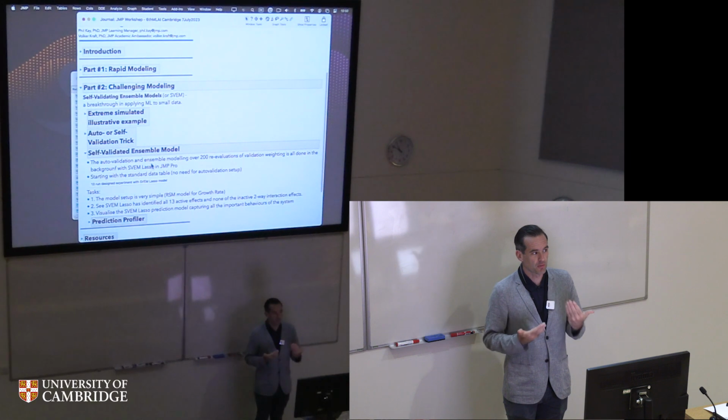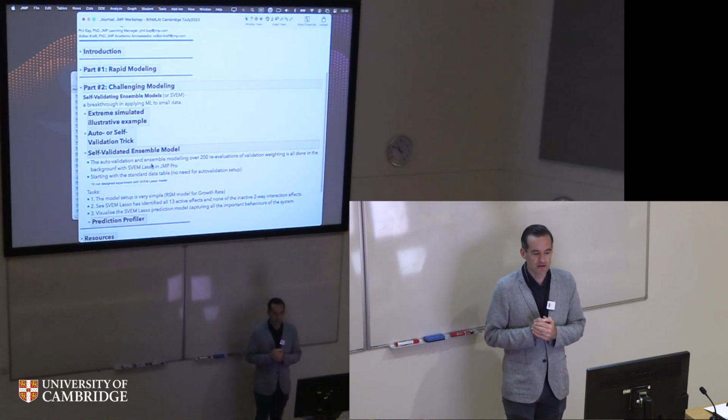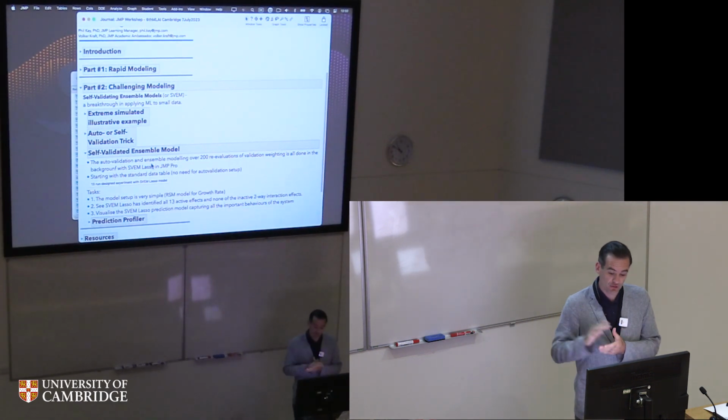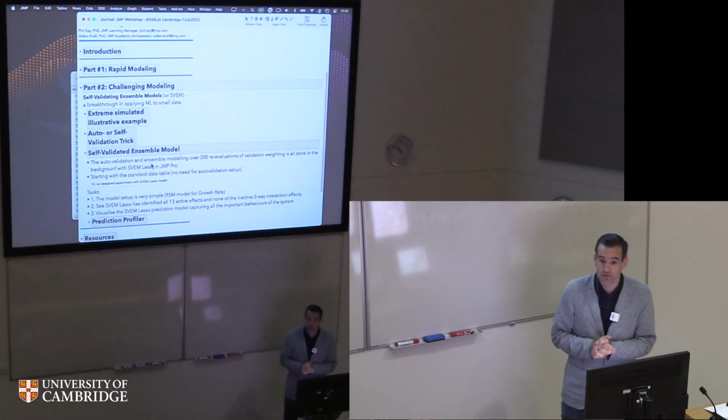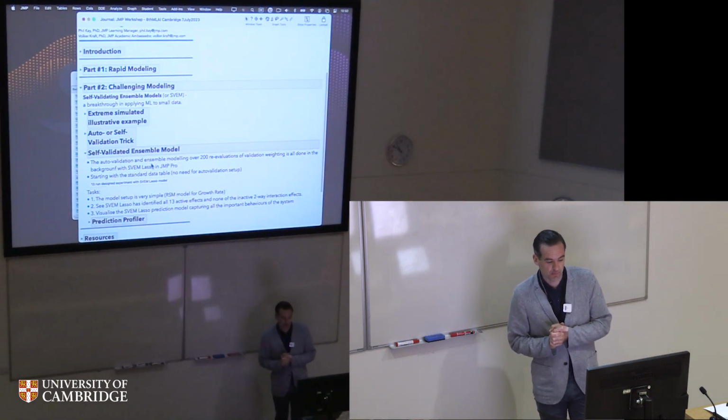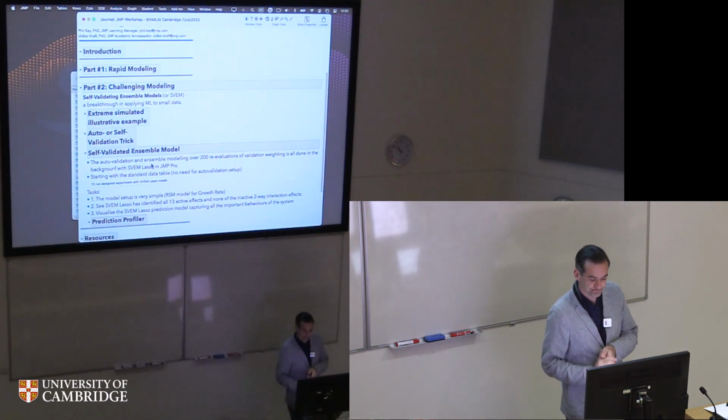So these are probably the most important innovations that are happening now in the world of machine learning for science and engineering. And a lot of this is driven by people who use JMP and the people who developed JMP. This self-validated ensemble model was actually an idea that came out of our own R&D team. So I don't think it's something you'll see in any other available data analytics platform currently.